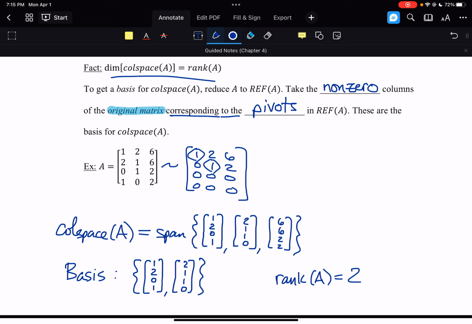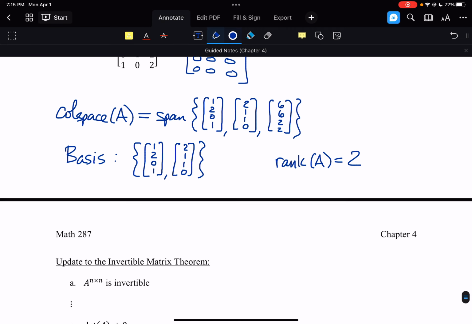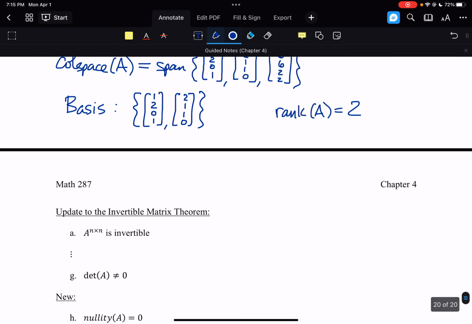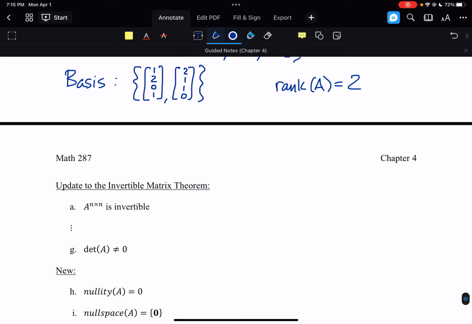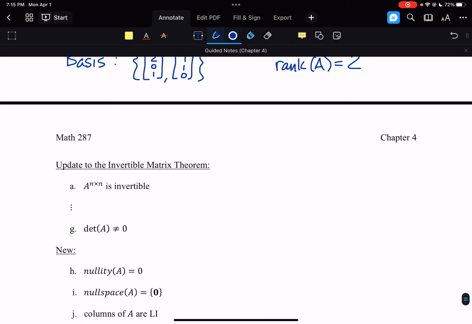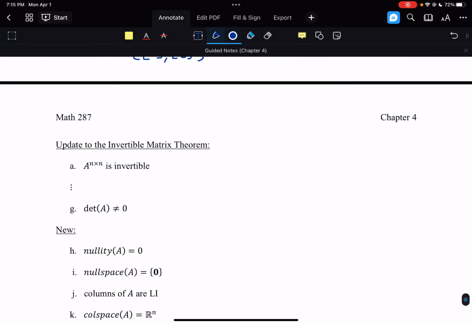So using all of these facts together, we can go ahead and make some amendments to our invertible matrix theorem. So it's been a little bit since we've added any updates to this. But last time we looked at it, we found that the determinant of A being non-zero was equivalent to a matrix being invertible.